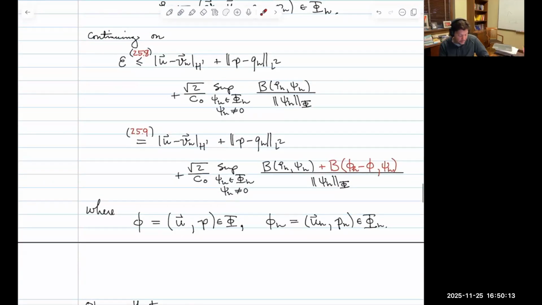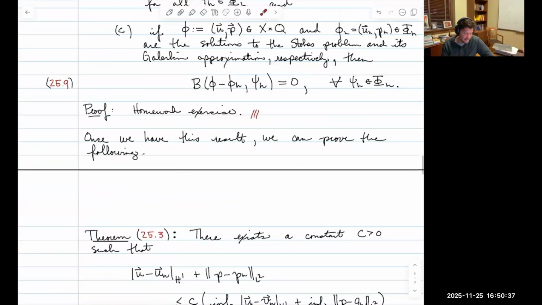Okay, we're almost done. So we have the two terms that we want. That's that and that. Now we're going to use that fundamental Galerkin orthogonality involving the capital B bilinear form. But I'm going to use it in the following way. Phi minus phi h. That's the error. That's what I need in there.